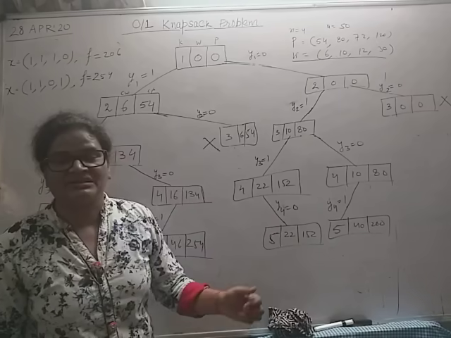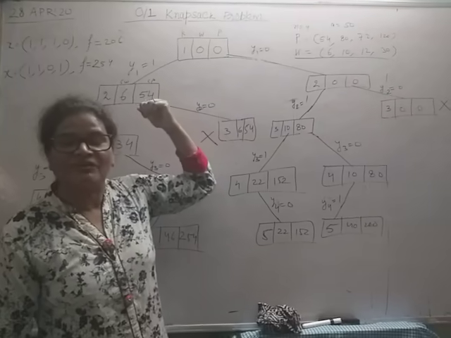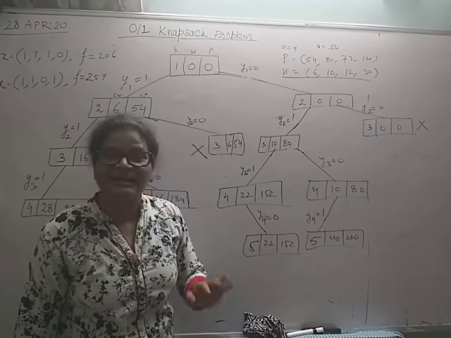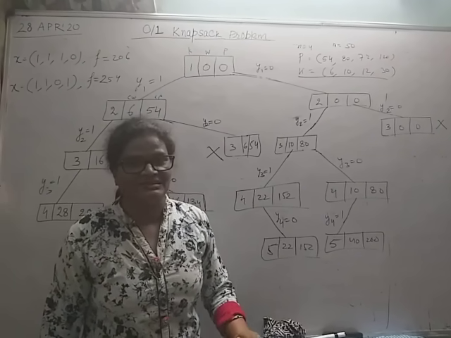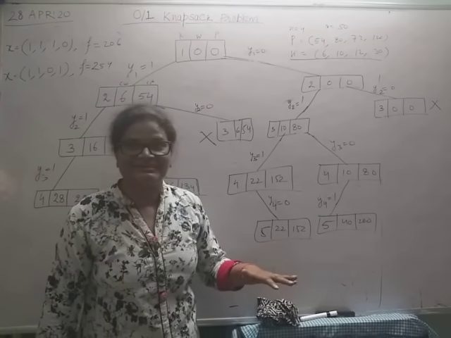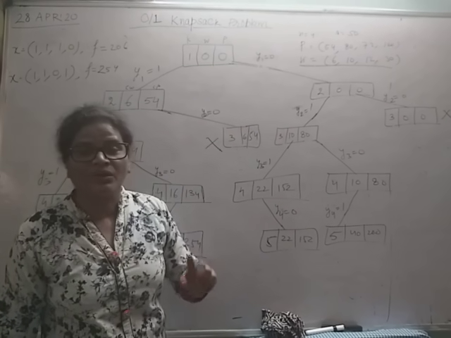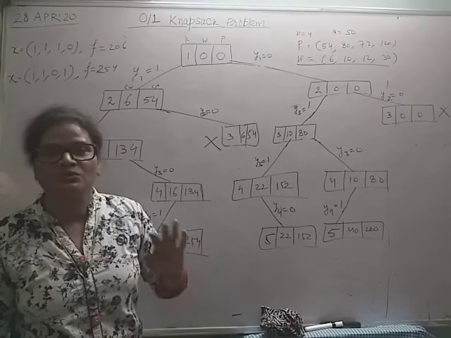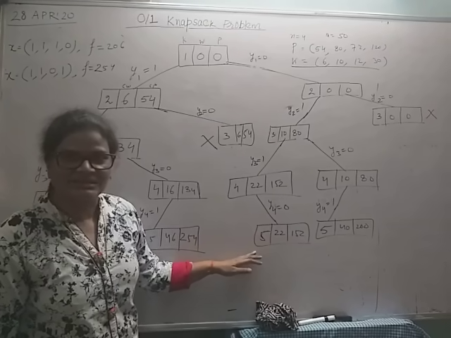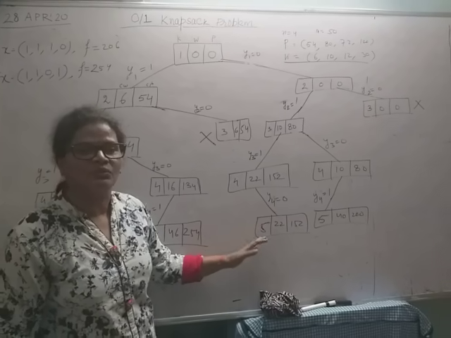If that profit is greater than the profit of the solution vector generated so far, then we move to the right branch, otherwise the node will be killed. So here an upper bound is used by relaxing the condition from 0, 1 to fractions only for the objects k plus 1 to n. I know that this is a difficult one, so before giving the algorithm, in the next part I will try to explain this with one more example.